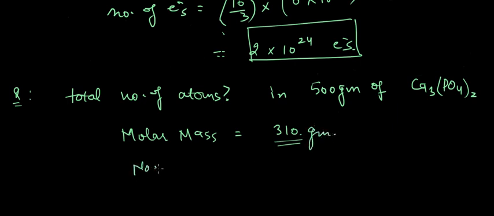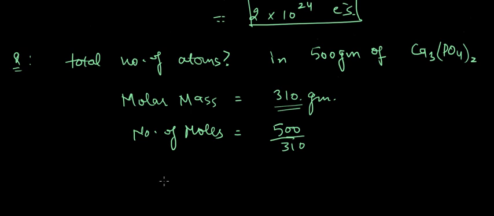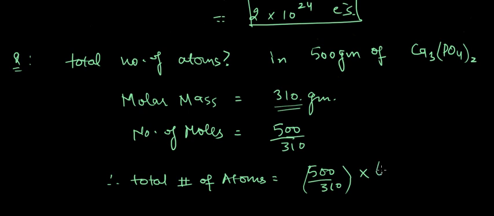So the number of moles in 500 gram of Ca3(PO4)2 would be 500 divided by 310. This is the number of moles. Hence the total number of molecules would be the number of moles multiplied by the Avogadro number.